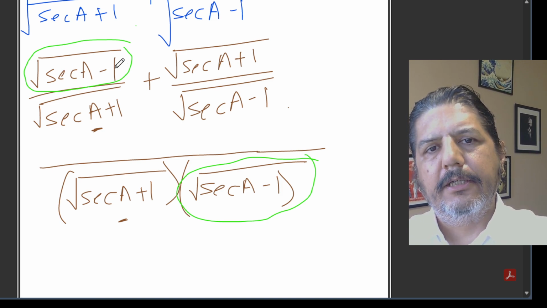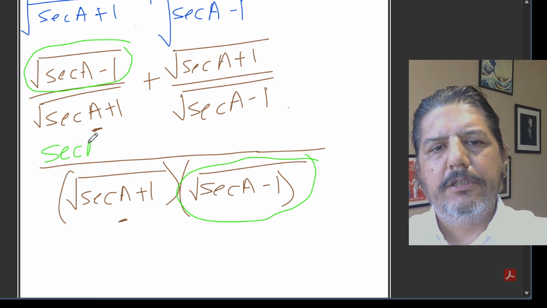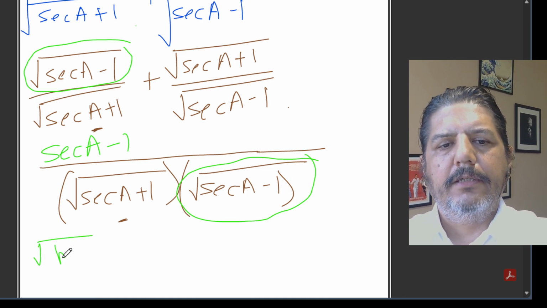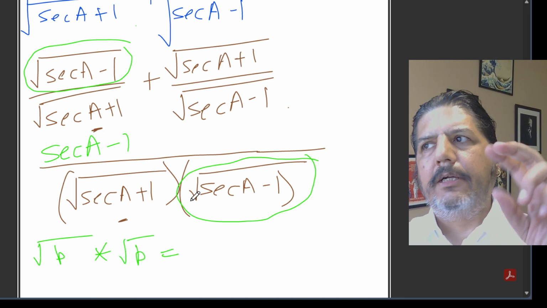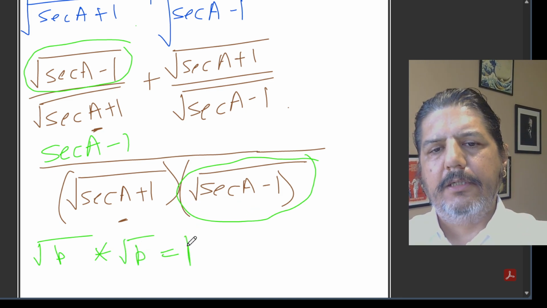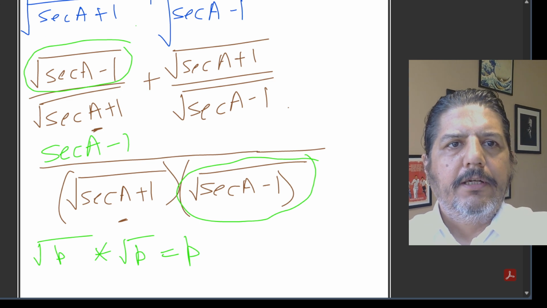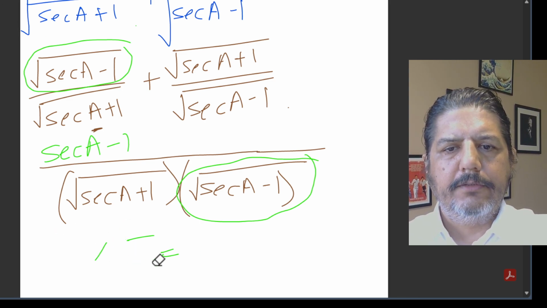So root secant a minus 1 into root secant a minus 1 would be equal to secant a minus 1. The same rule as saying root p into root p. If we are multiplying the square roots of the same number, that is equal to the number itself. So this is done. Now let's look at the next term.